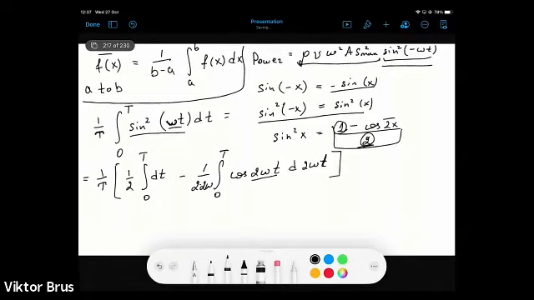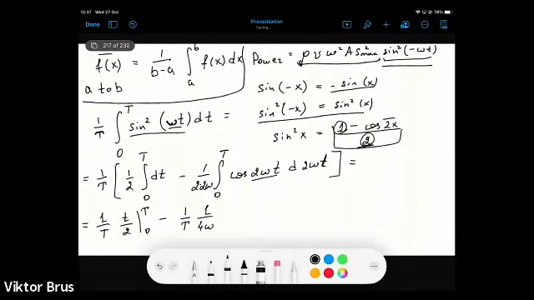So now we can integrate this, guys. We have 1 over T times 1/2 t from 0 to capital T, minus 1 over T times 1 over 4 omega.